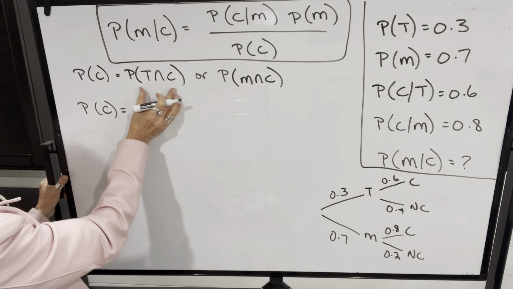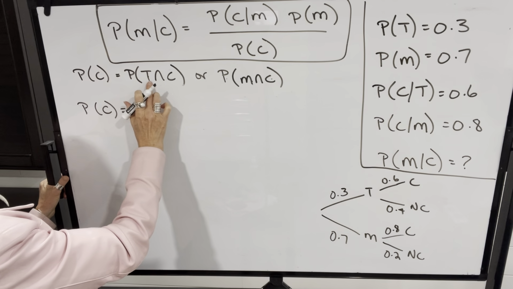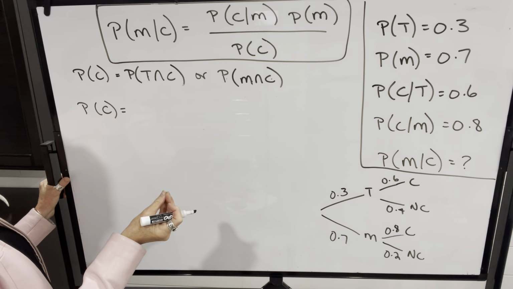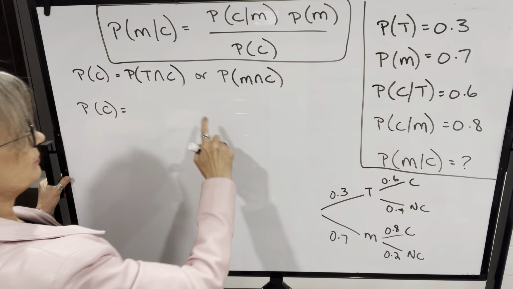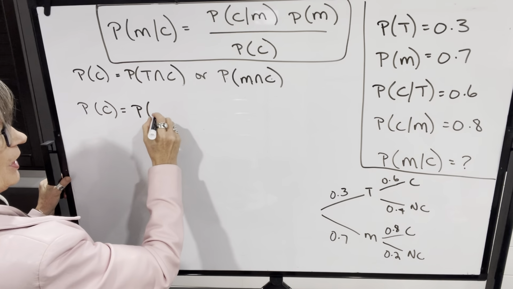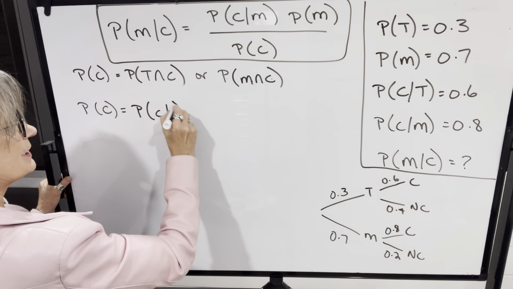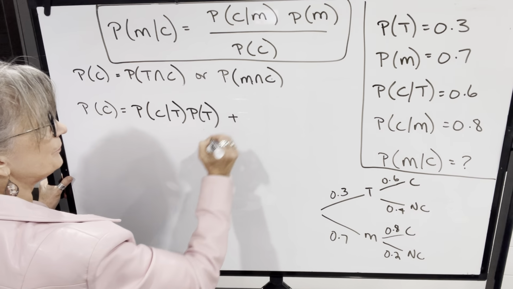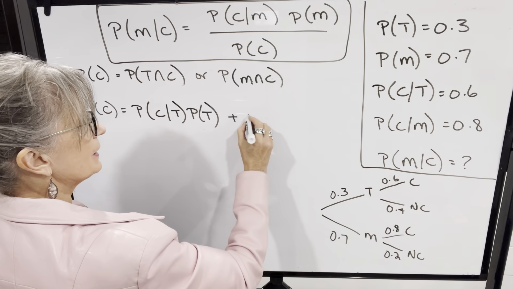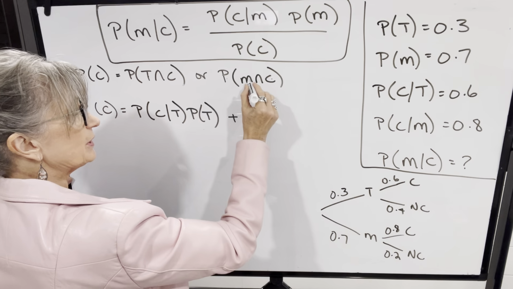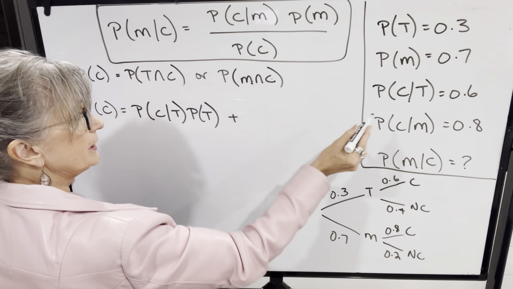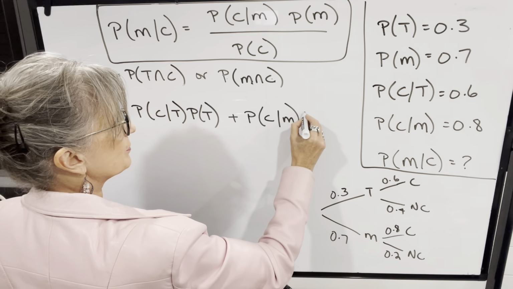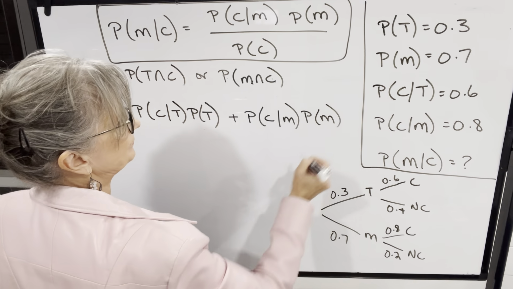Now, to find the probability of a true-false question and Sam answering it correctly, that gets into our conditional probability, where it's going to be equal to the probability of correct given that it's true-false times the probability that it's true-false. Or means plus. Same thing here. The probability of it being multiple choice and Sam answering correctly will be the probability of it being correct given multiple choice times the probability of multiple choice.